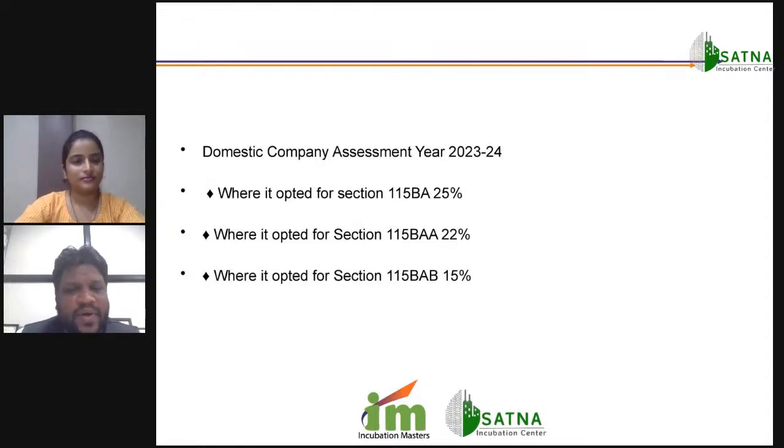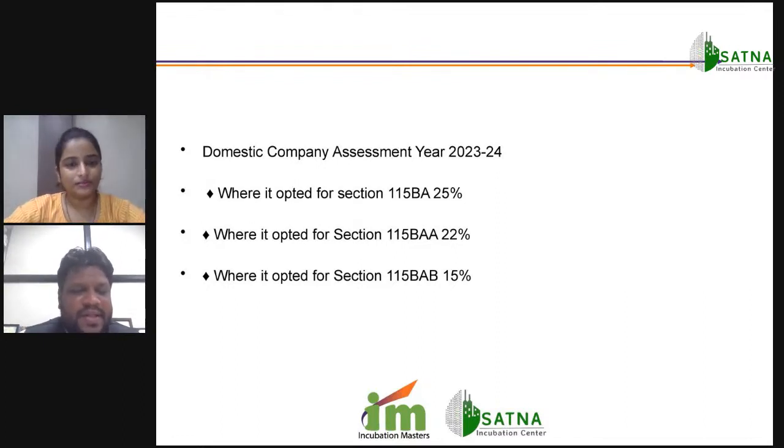If it is 115BAA, that is 22%. And if it is 115BAB, that is 15%. So these are the special kinds of provisions. If the company opts for them, then only they will be eligible to pay tax at the rate mentioned here. Otherwise, the standard rate for a startup private limited company will be 25%.